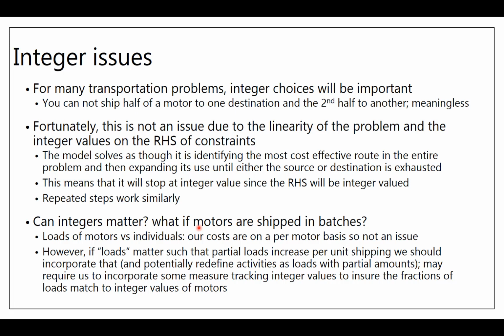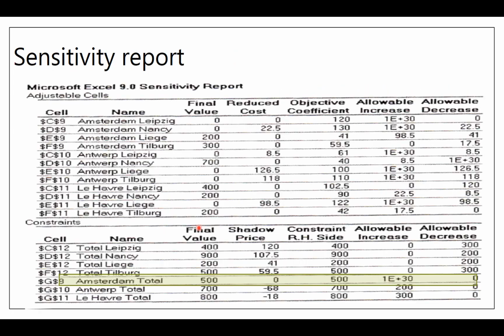We definitely couldn't say let's ship half a motor to destination A and half a motor to destination B. But because of the linearity of this problem, as long as the requirement is in integer units and the maximum amounts that can be shipped are in integer units, the activities are going to show up in integer units. We'll talk about this a little in class, but you could think about it on your own in advance.